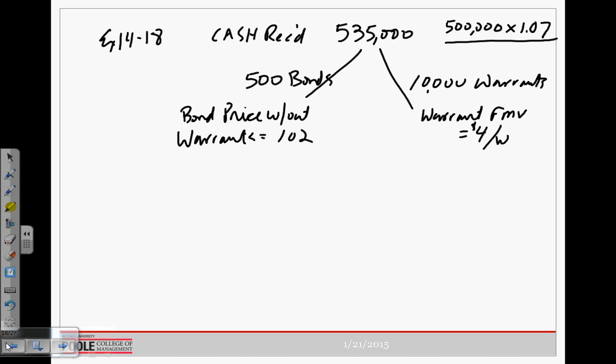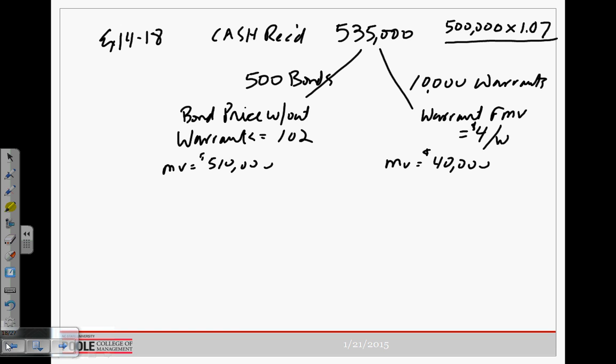Now we can figure out that the bonds had a market value of $510,000, 102 times 500 bonds, and the market value of all the warrants is 4 times 10,000, or 40,000. So by buying it as a package, there was a slight discount from 550 down to 535, and now we have to think about what's our journal entry.